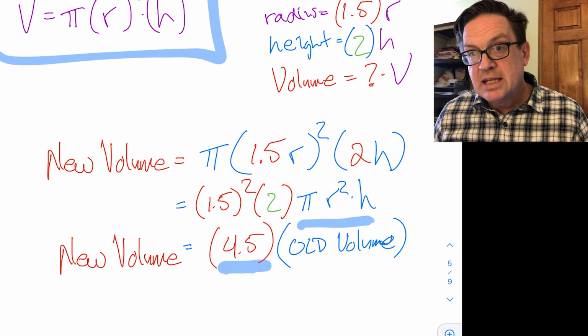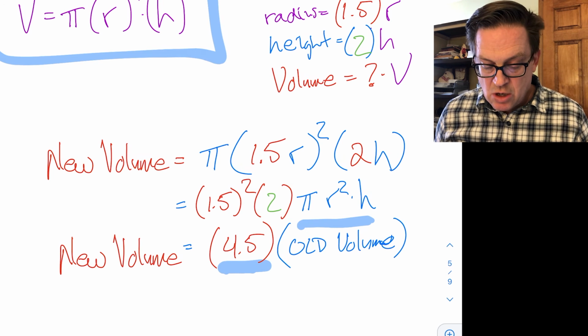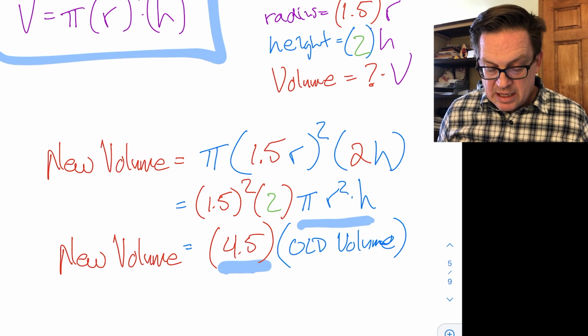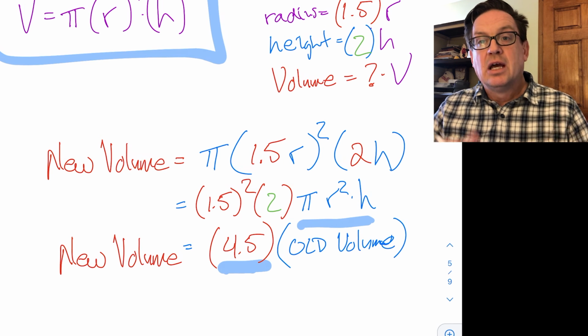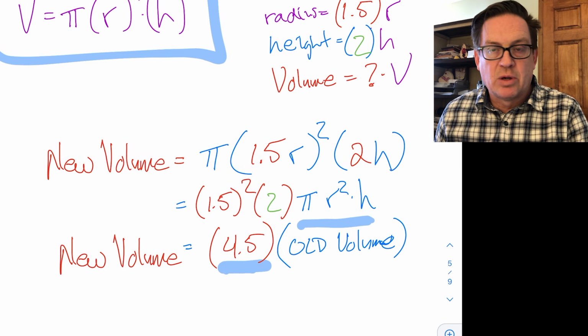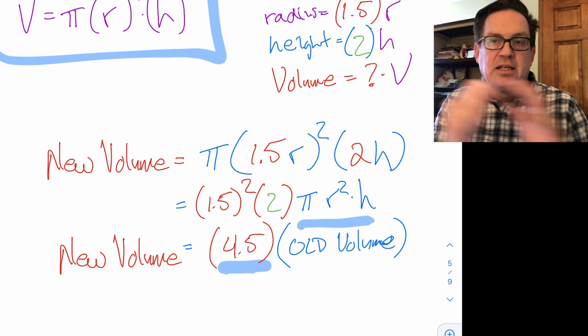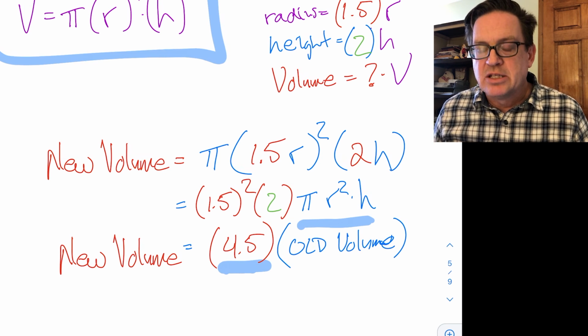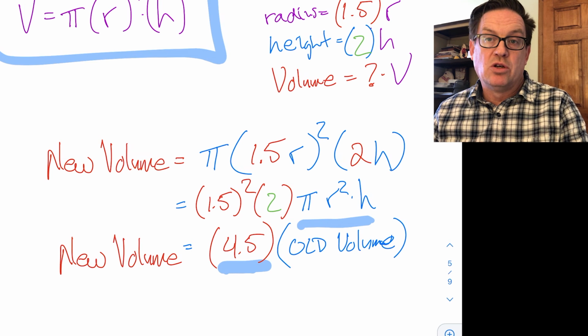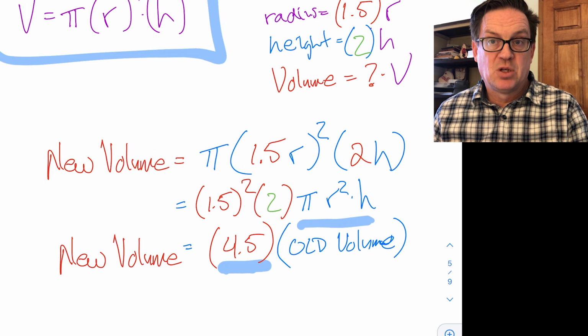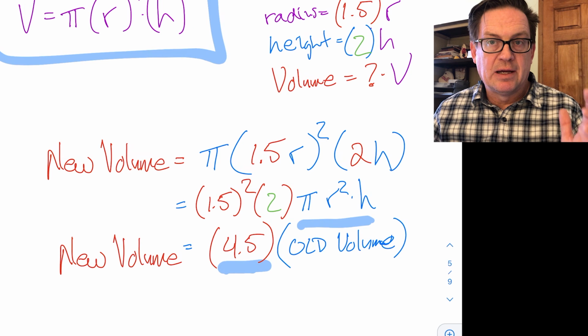So you can use that idea to solve lots of problems. What if I said I end up doubling the volume? How did that change the radius? I can solve for the scaling factor for the radius, or I change the height and the volume, any of those combinations. This sort of idea lets you figure out the relative change of one variable when you know the relative changes of the others. Hopefully that helps a little bit with this idea.